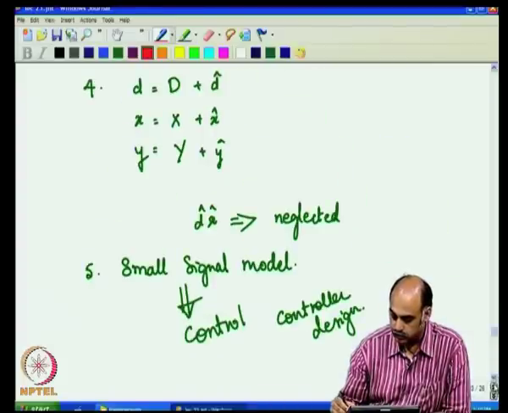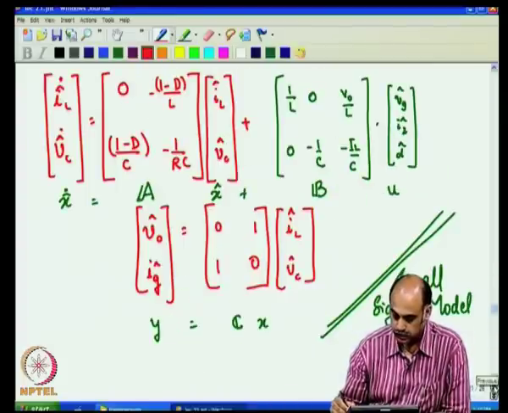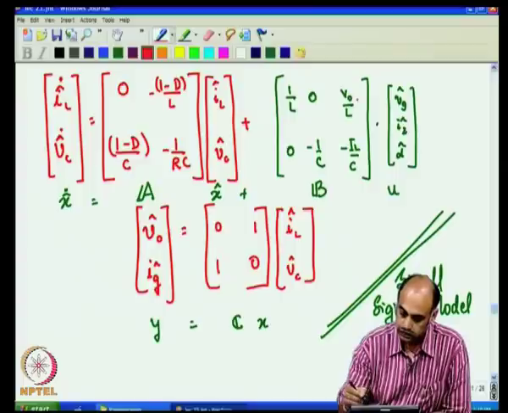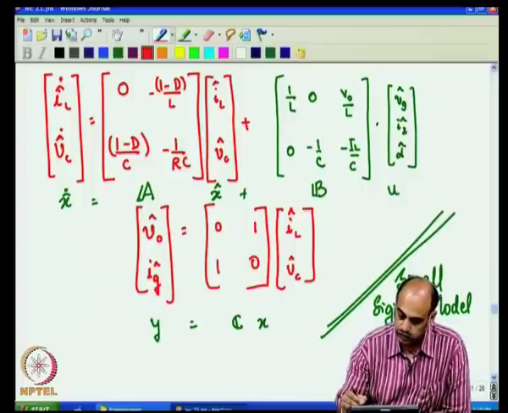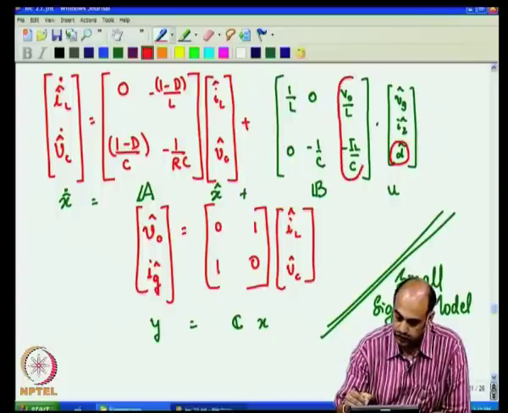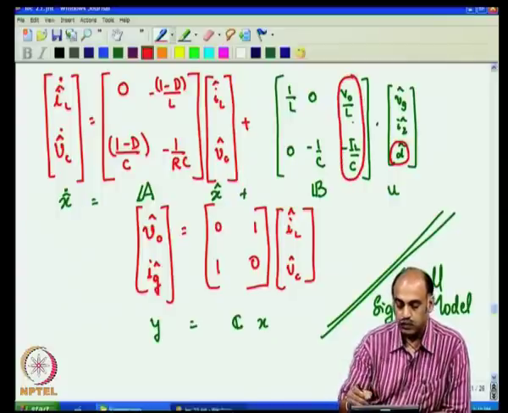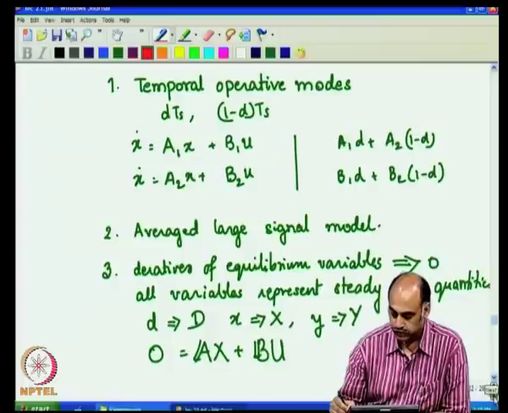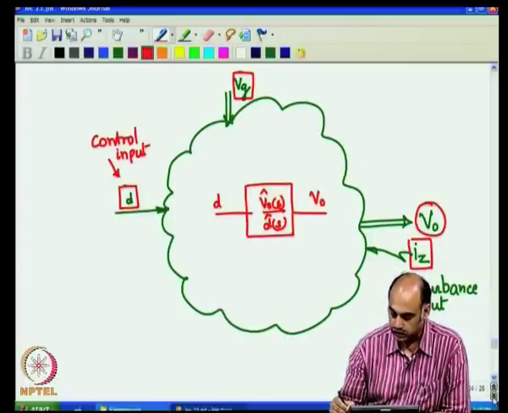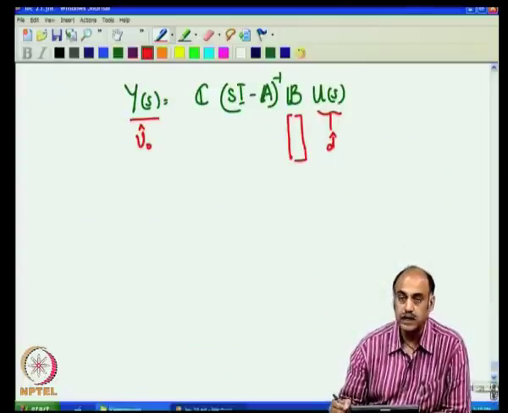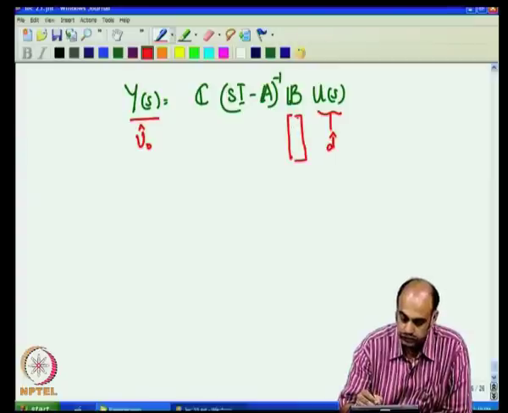So, if you take the small signal model here corresponding to D hat, you have this column of the B matrix. So, only that column need to be considered because transfer functions are for single input single output only.